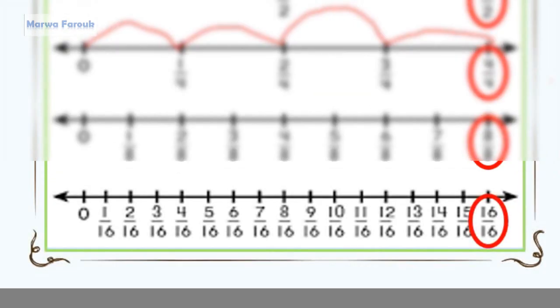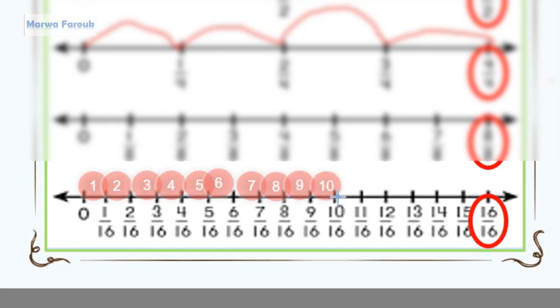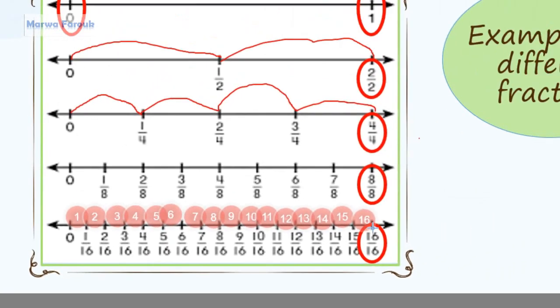Excellent. The last one will be 16 equal parts. Let's count them together. We will start from 0. 1, 2, 3, 4, 5, 6, 7, 8, 9, 10, 11, 12, 13, 14, 15, and 16 equal parts.